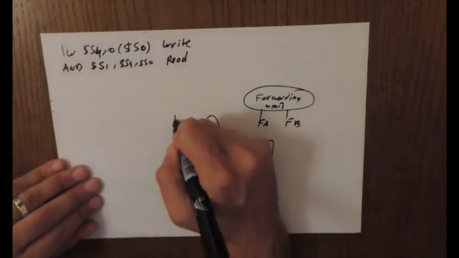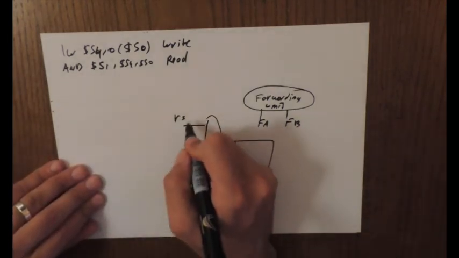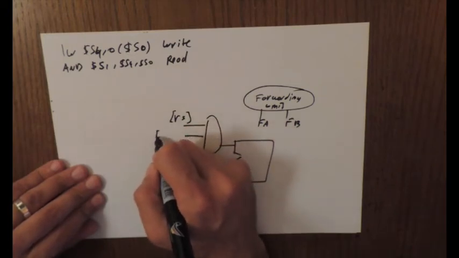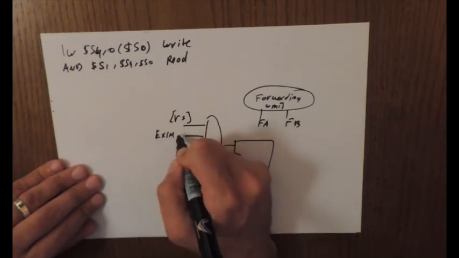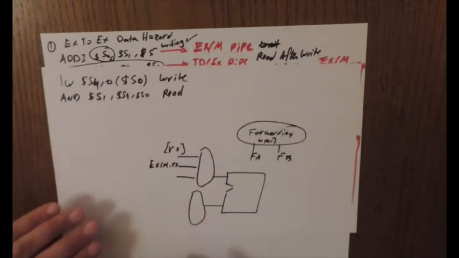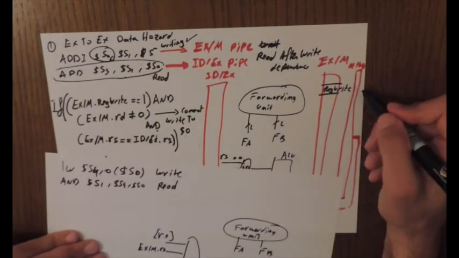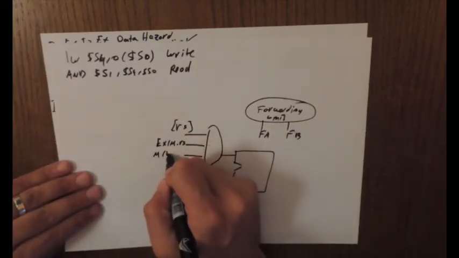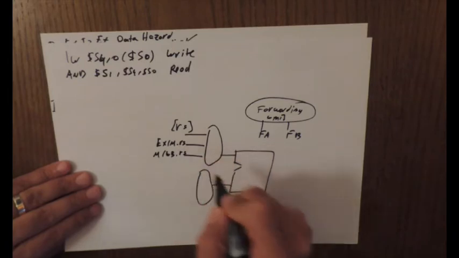It can come from the normal RS, or from EX or EX over memory dot RS, and we have the third one which can come from memory over write back at the second stage, memory over write back dot RS.